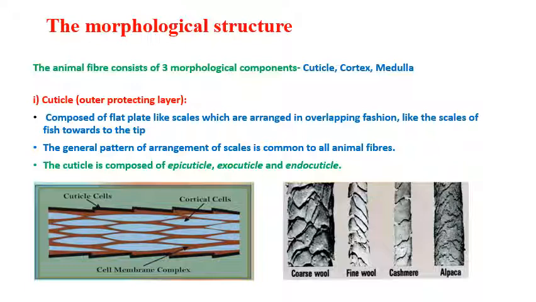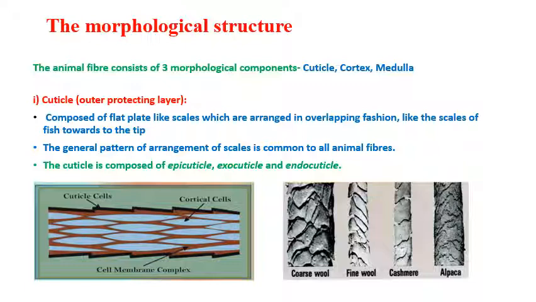Now first we will discuss the cuticle, which is the outer protective layer. It has an important function for the biological purpose or as a protective role for the actual fiber. This is composed of flat plate-like scales which are arranged in an overlapping fashion like the scales of fish towards the tip.